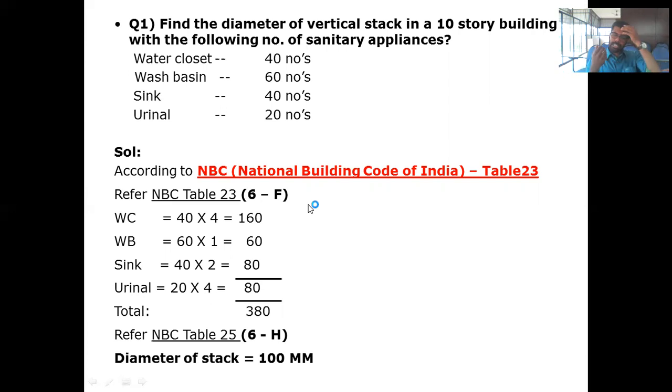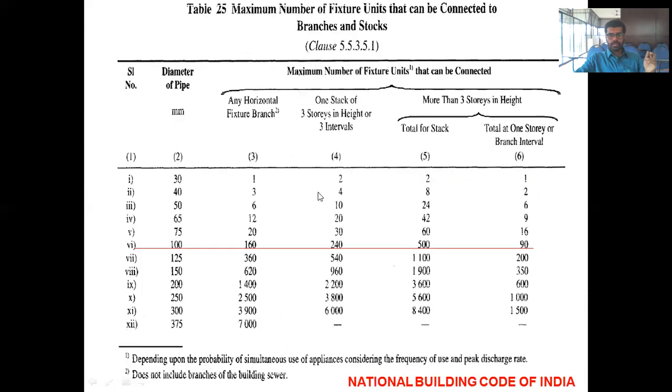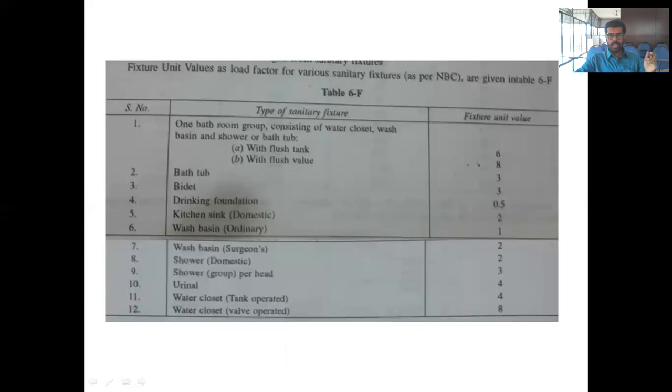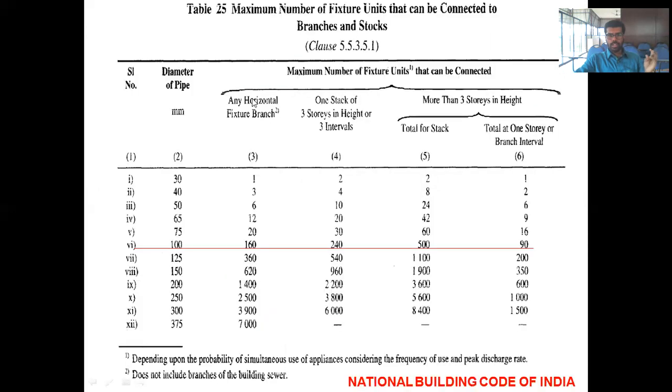The drain pipe coming from individual fixtures will be the same because of what is given in the National Building Code. We don't have to calculate it. There are two or more things we have to calculate. So these things we have to keep in mind. So this is the horizontal fixture branch size. If you are trying to get the branch pipe size, find the fixture unit of individual fixtures, add it, and then if it is coming in this range, you have to take that.